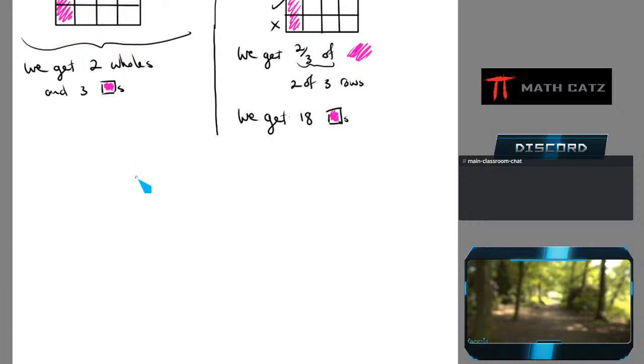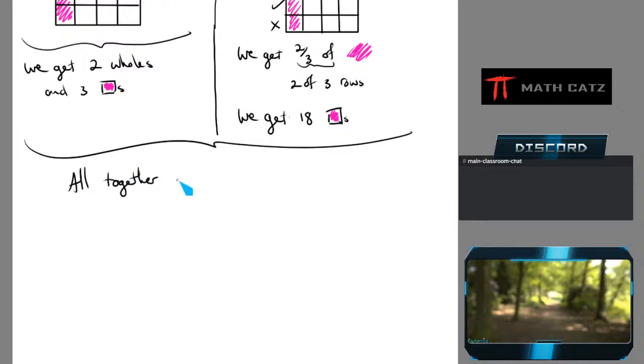That we can say now all together, we get, so far, two whole rectangles and another 21 pieces.